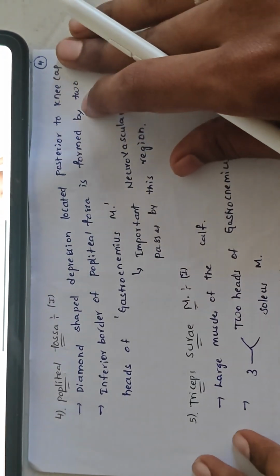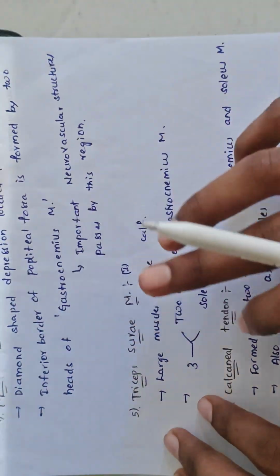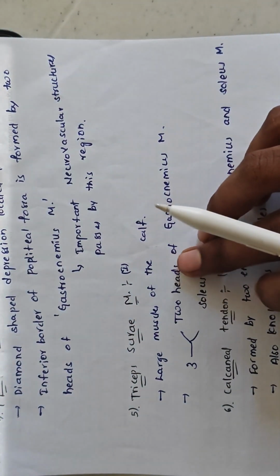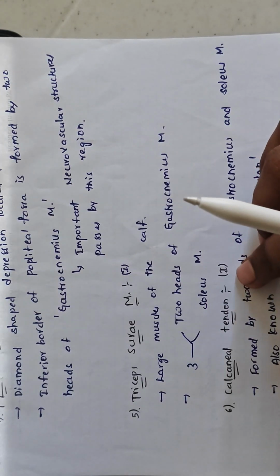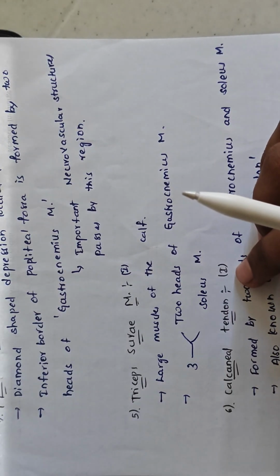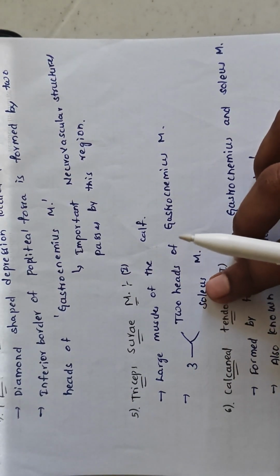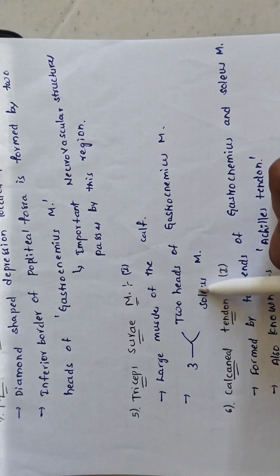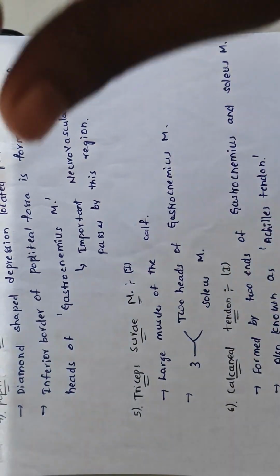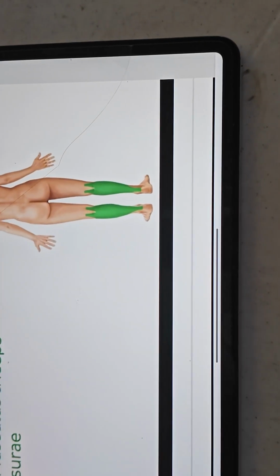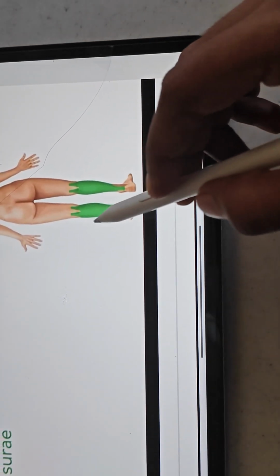Triceps means three, right? So the triceps surae muscle is a large muscle of the calf, and there are three heads, formed by two heads of the gastrocnemius muscle and one soleus muscle. In this picture you can appreciate the triceps surae muscle.